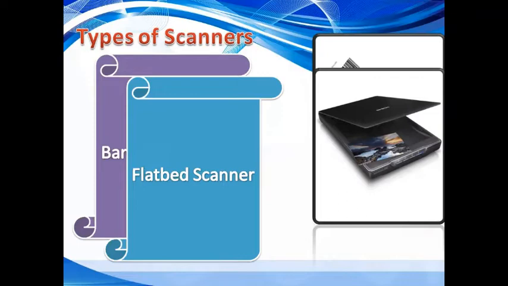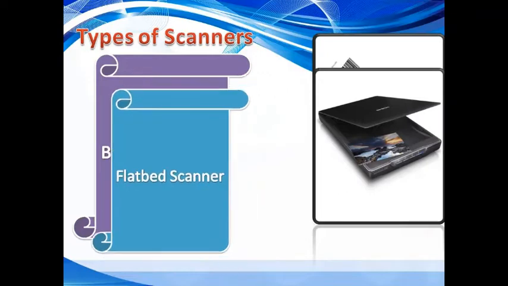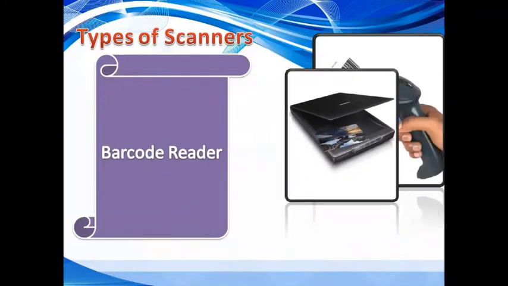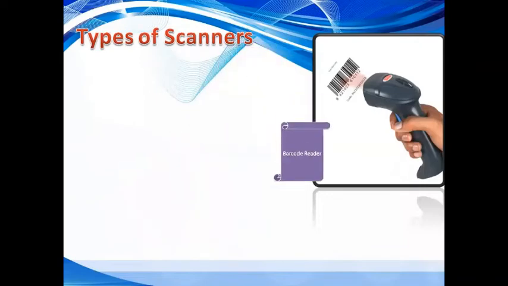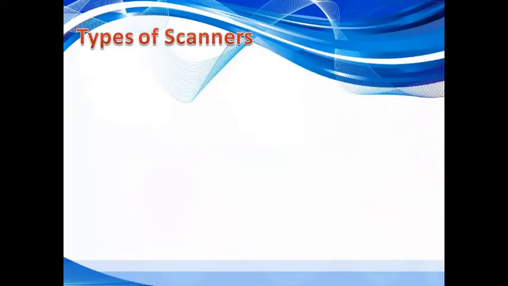You can place your book or your document on it, and then you can scan your documents easily. Then barcode reader. A barcode reader basically is a machine which is used to scan your product code. So let's start with the types of the scanner.